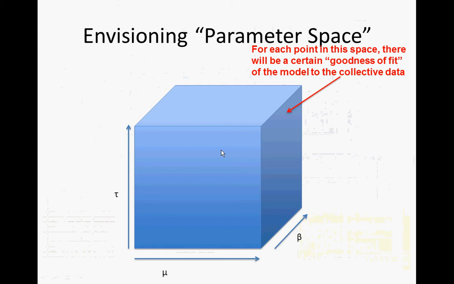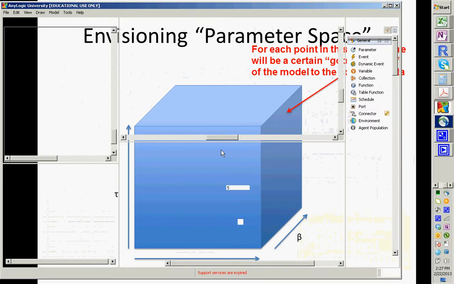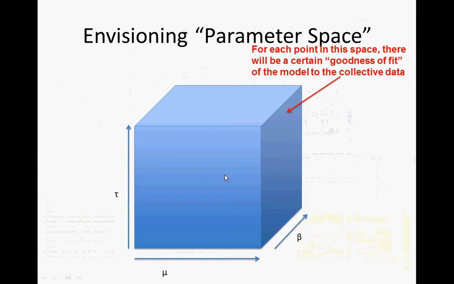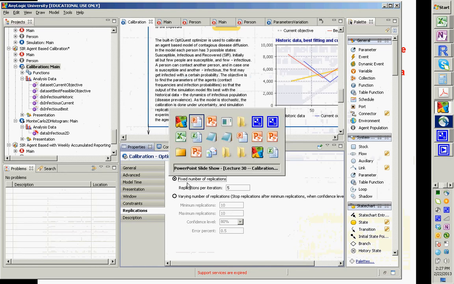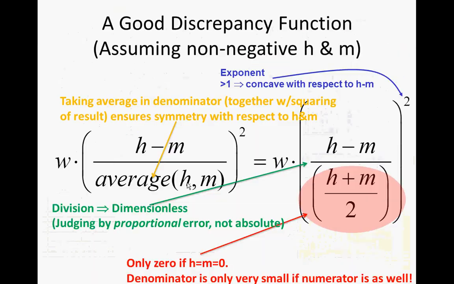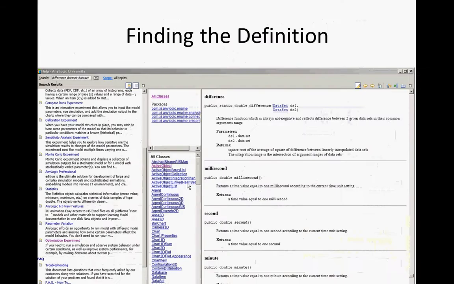So for a given set of parameter values, a given point here, we'll run the model 5 times. We may want to do it more than that, say 100 times. Or we may have it run a varying number of replications and it stops after a certain number of iterations once some statistical criteria is reached. I explained that in my notes, the statistical criteria.